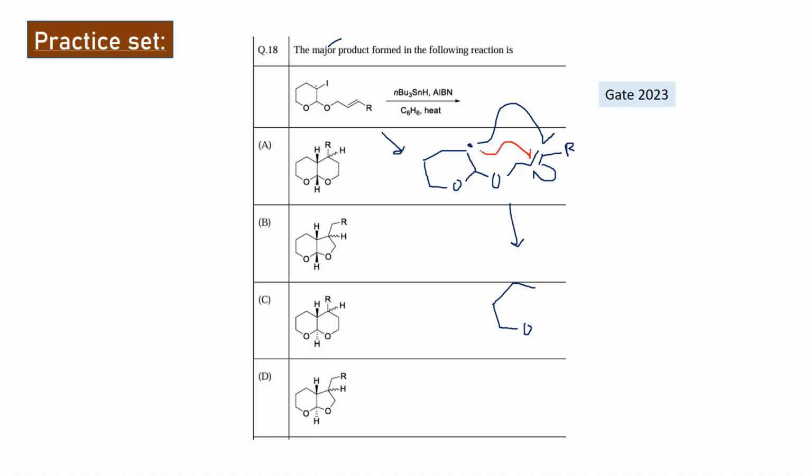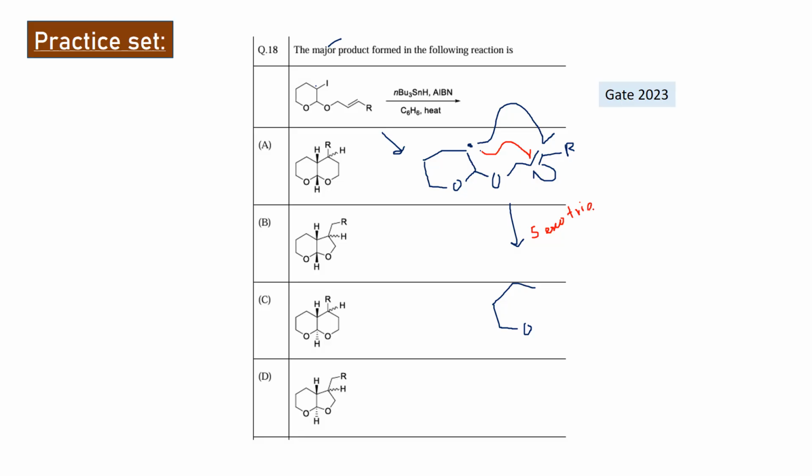So which is more preferable? It has been seen that 5-exo-trig cyclizations are more favorable.